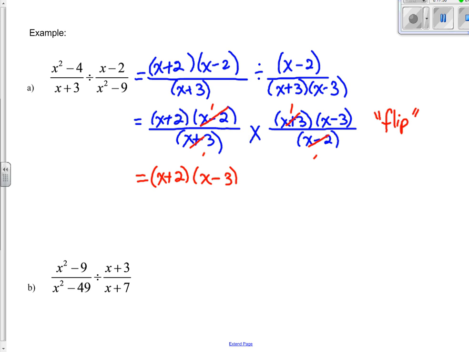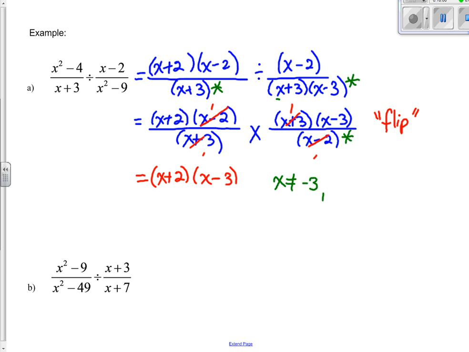Now we need to consider restrictions. And this is where we need to be careful. I need to watch for zeros here and here and now here after I flipped it. So there can never be a 0 on the bottom, even when I'm the one that's doing the flipping. So from the first little star, I know that x cannot be negative 3.